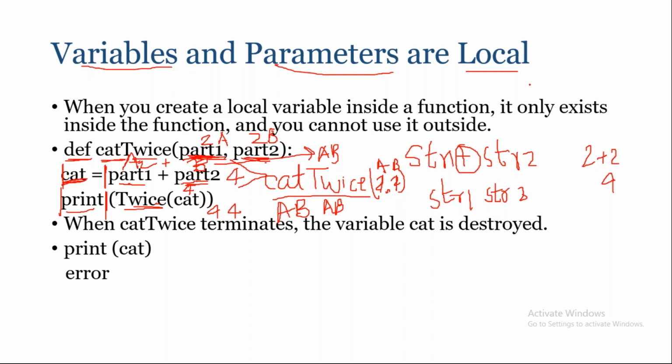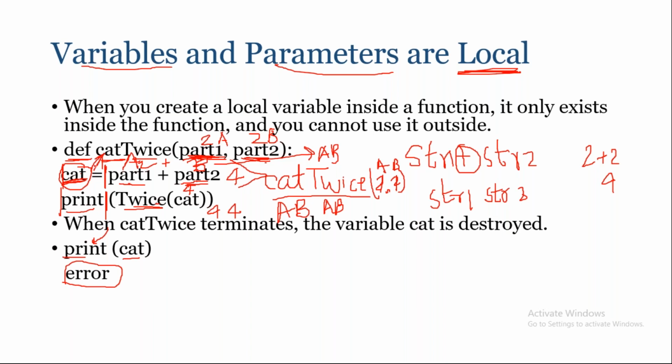But this slide was not about the generality of the function. This slide was about the locality of the variables. What do I mean by locality of the variable? This cat variable that I'm going to define inside my function is the property of this function. If you come outside this function and print cat, it will give you an error, because it only has meaning inside this function.